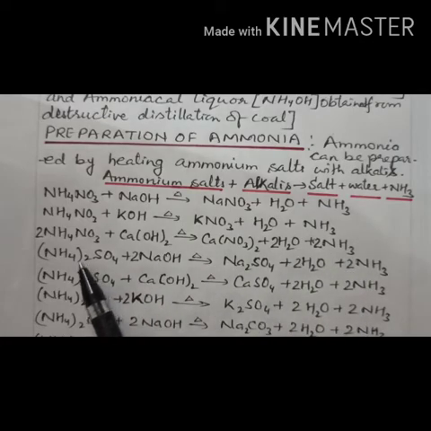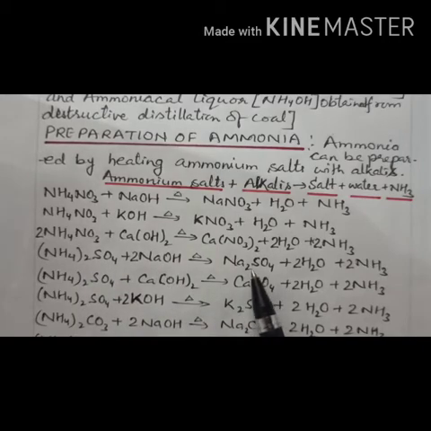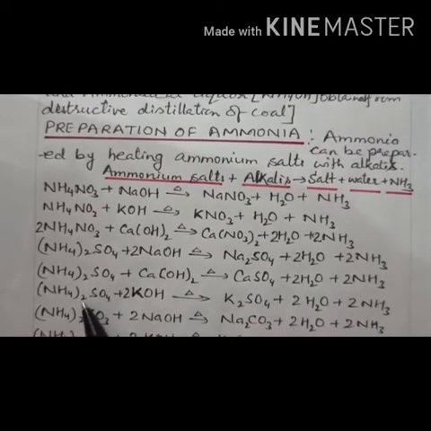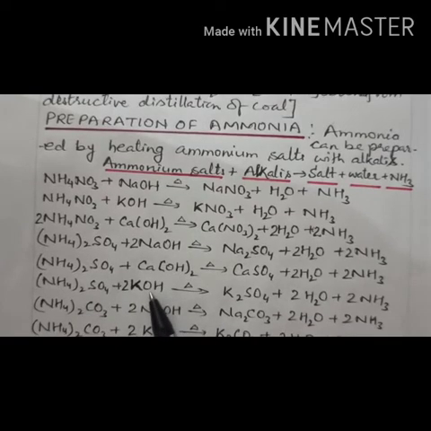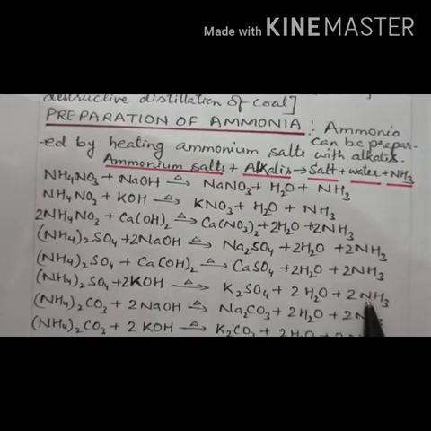Now next salt is ammonium sulfate. With sodium hydroxide, it gives sodium sulfate, water and ammonia gas. With calcium hydroxide, it gives calcium sulfate, water and ammonia gas. With potassium hydroxide, it gives potassium sulfate, water and ammonia gas.